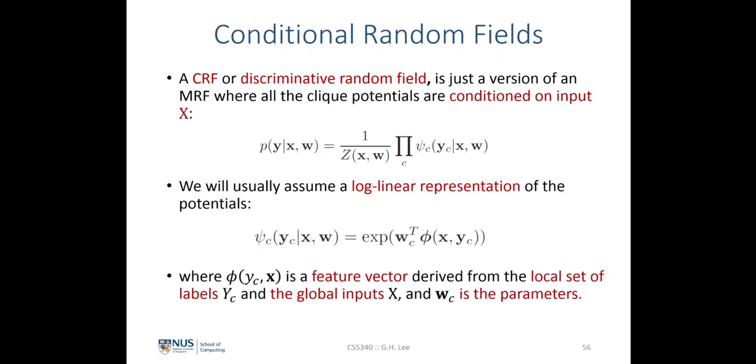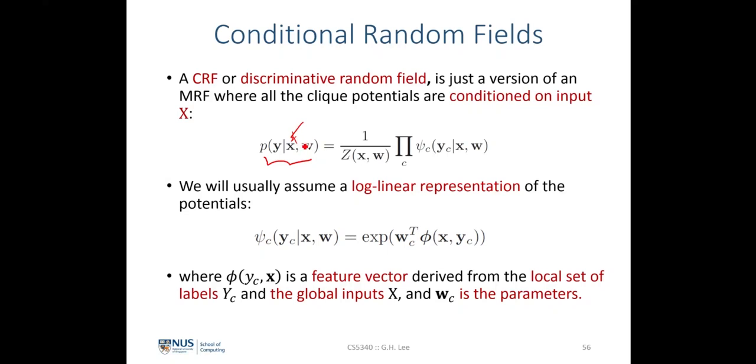Notice that this is similar to the Markov random field, where both of them are undirected graphical models, with the difference that we are modeling the posterior distribution here directly, which is conditioned upon the inputs x over here, the observed inputs.